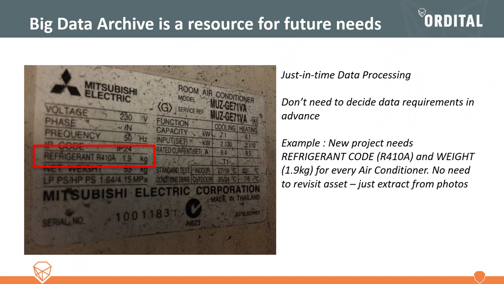And I can turn that around very, very quickly. With the current process of capturing attributes, you have to decide in advance every attribute that you need for every future project before you go out and collect data. We just start taking photos and we can generate the attributes to support future projects as required.